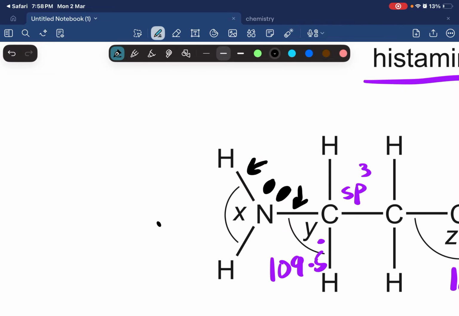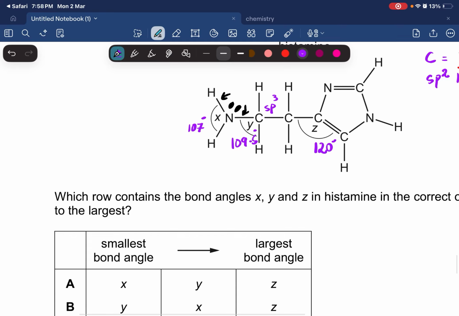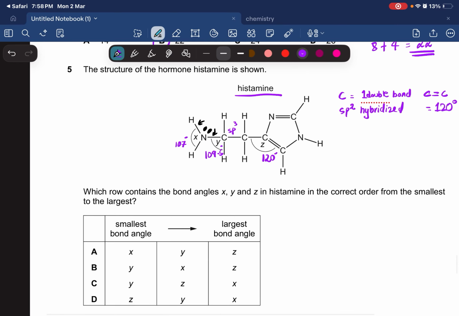So this is 107 degrees. So we have to go from the smallest bond angle. Smallest bond angle is going to be X, and largest is this Z. This is 120 degrees. Y is going to be 109.5 degrees, and X is 107 degrees.